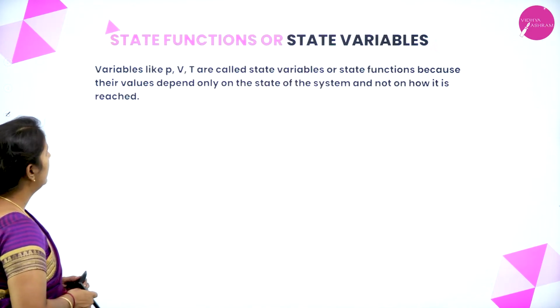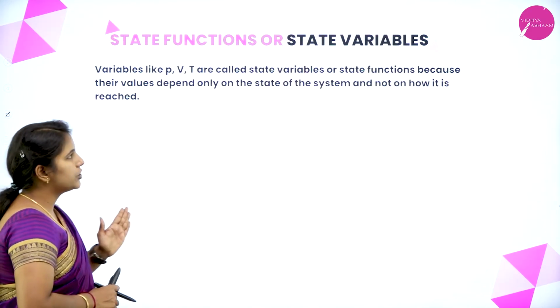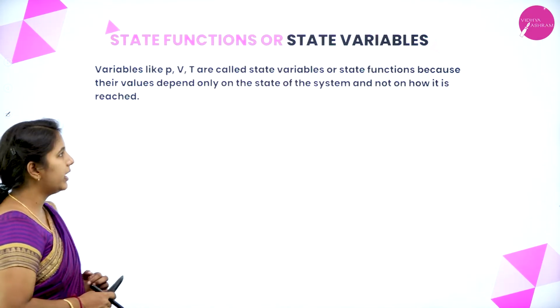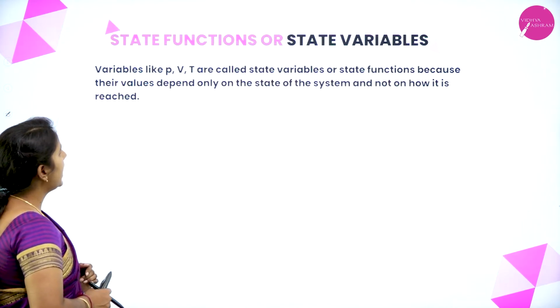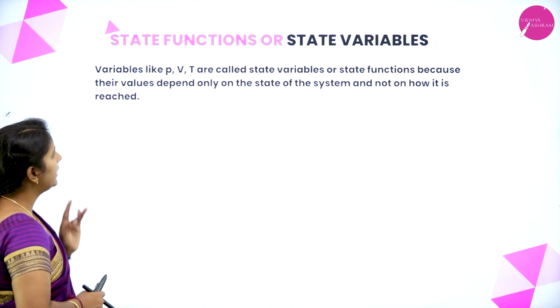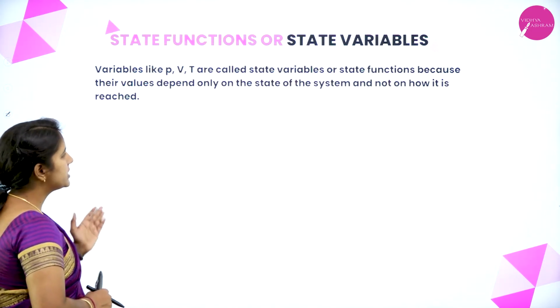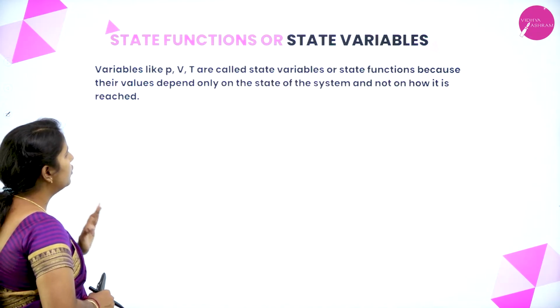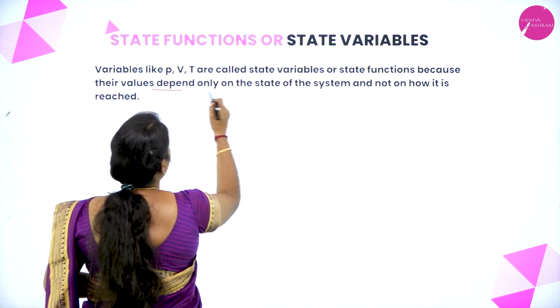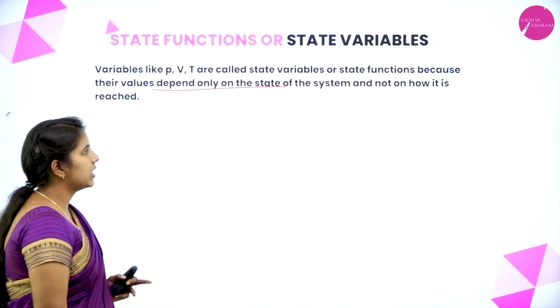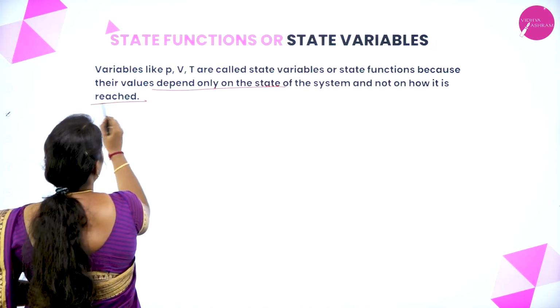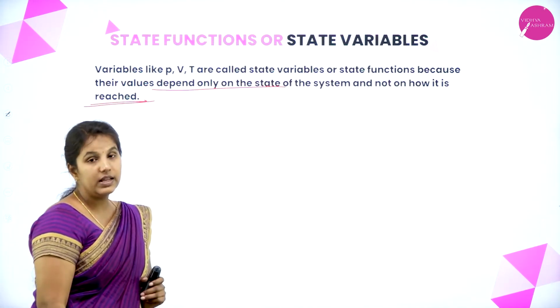Next are state functions or state variables. Variables like pressure, volume and temperature are said to be what? State variables or state functions, because their value depends only upon the state of the system, not on how it has been reached.